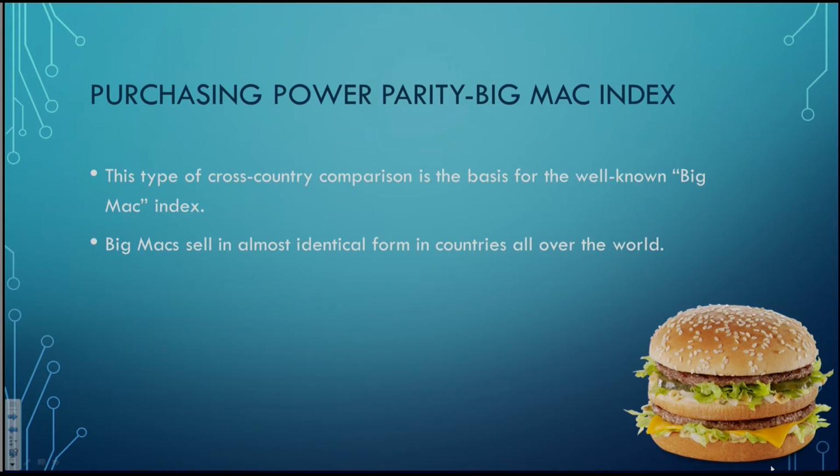And those Big Mac burgers are basically the same, and that gives us a frame of comparison. So the Big Mac Index calculates the purchasing power parity exchange rate on this basis, doing exactly what we just did with the price ratio. The exchange rate equaled the price ratio. Well, that's what the Big Mac Index does.